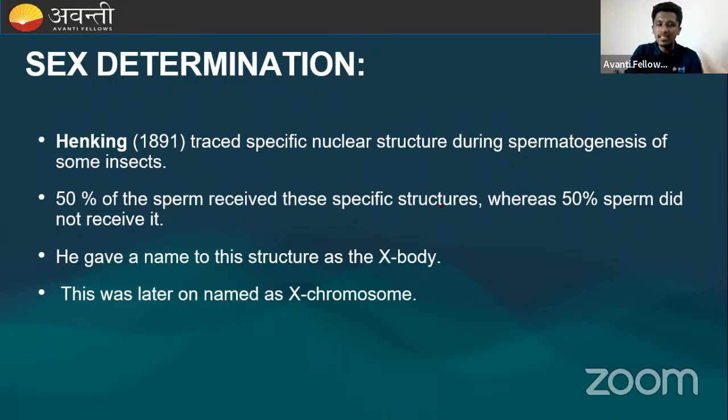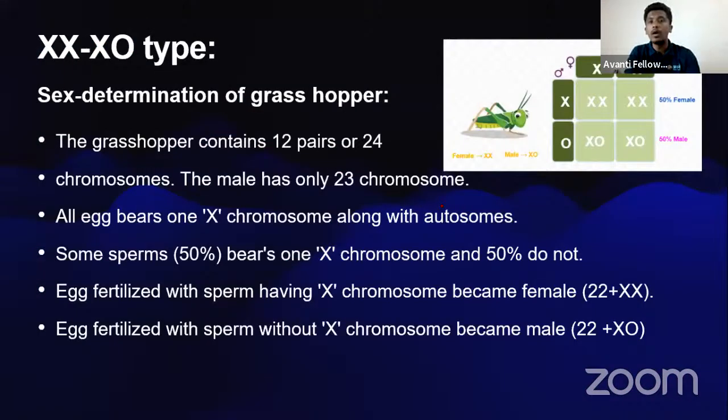When he observed this insect, 50% of the sperms received this structure, whereas the other 50% did not receive it. Whichever received this structure, he named it the X body, which today we call the X chromosome. Interesting story. Using the type of chromosomes that are present, we can literally determine the sex.